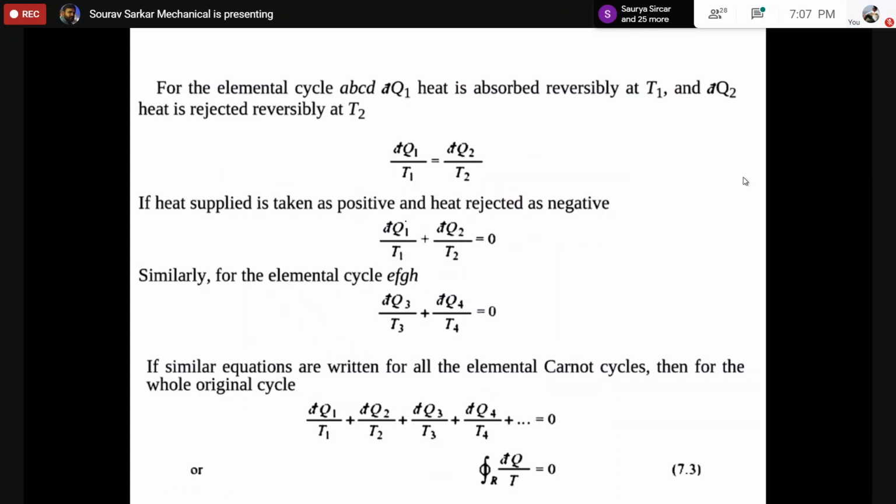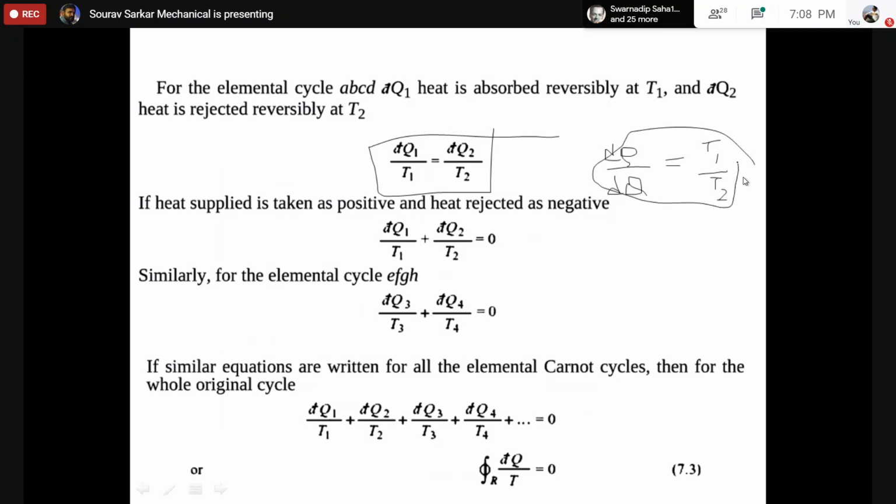Because I know for a Carnot cycle, this is valid. How is this valid? Because I know that my dQ by dQ equals T2 by T1. This one I derived when I considered the Carnot efficiency. Can you remember?